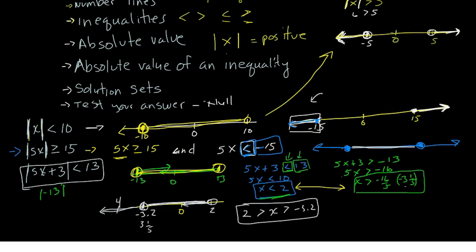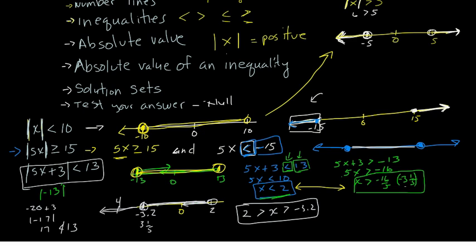So if we plug negative 4 into 5x plus 3, negative 4 times 5 would be negative 20, plus 3 would be negative 17. And the absolute value, 17, is not less than 13. So you can see that that worked.